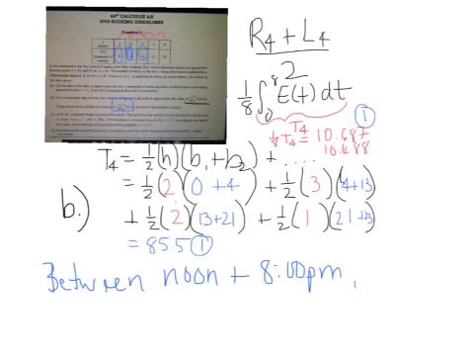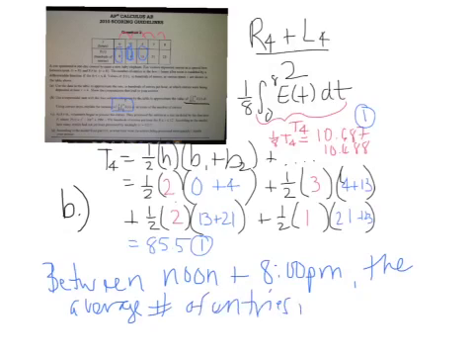The average number of entries in the box was 10.688.